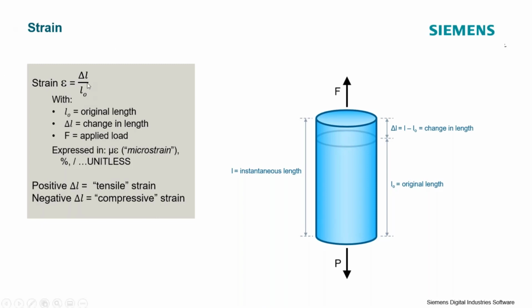This delta L can get much larger for rubbers or some thermoplastics, but for metallic materials, this delta L is very small, so it makes sense for us to multiply the strain value by 10 to the -6 and give it a kind of an imaginary unit called microstrain.